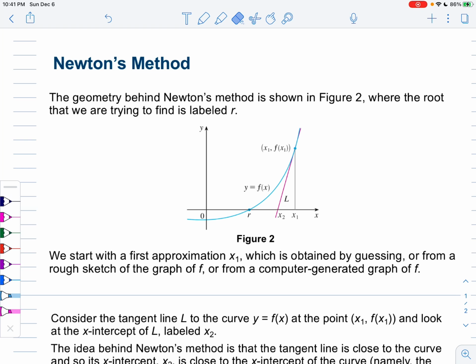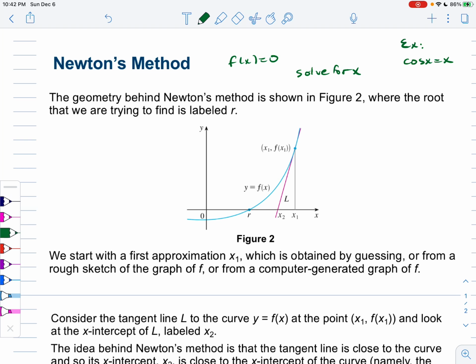So we are trying to find f of x equal to 0, solve for x. It's also good for solving equations that are really difficult to solve, as an example, solve cosine x equal to x.